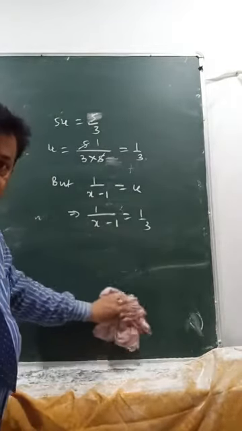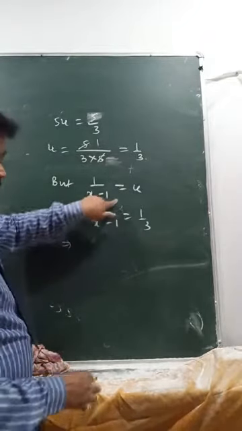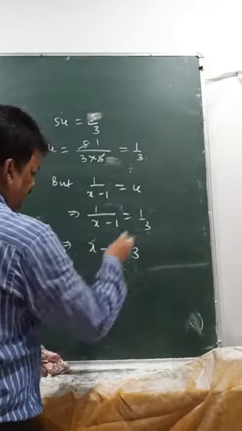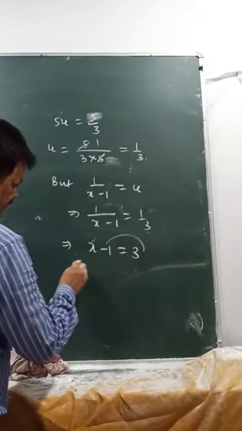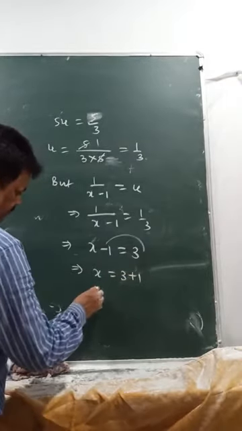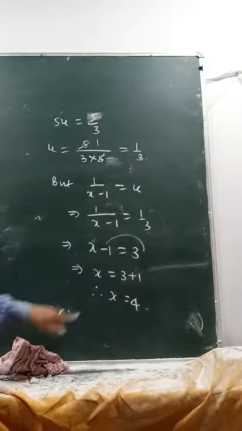Then reciprocal, this will go up. x minus 1 equals 3. Now take this 1 to this side. x equals 3 plus 1. x equals 4. We got x equals 4.